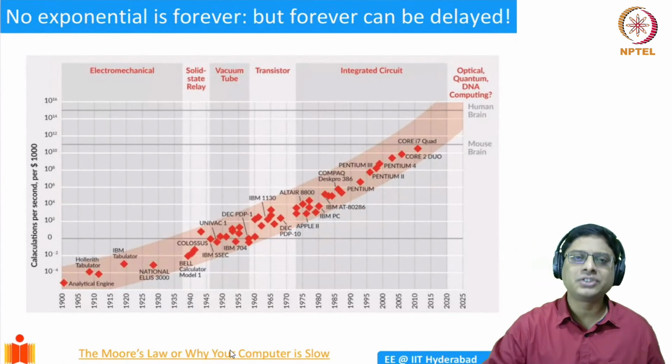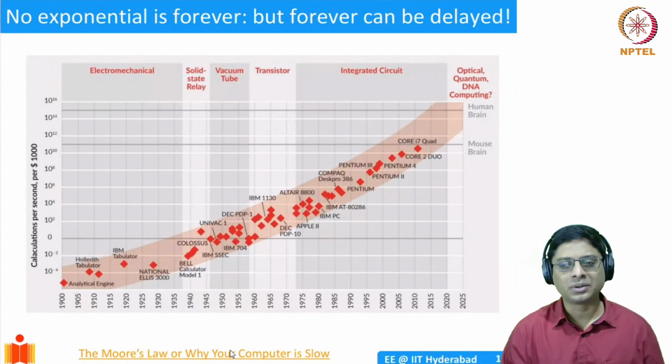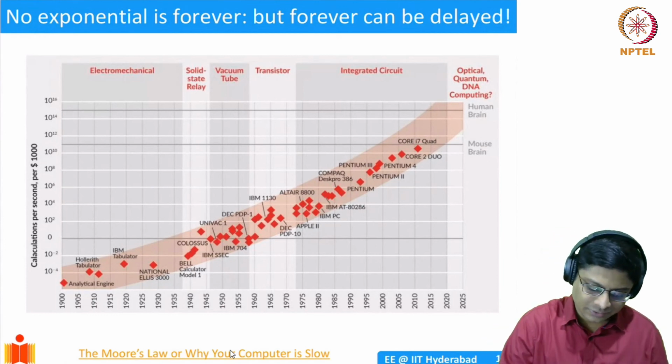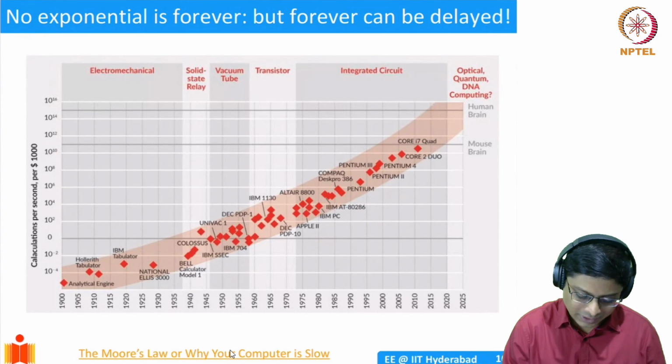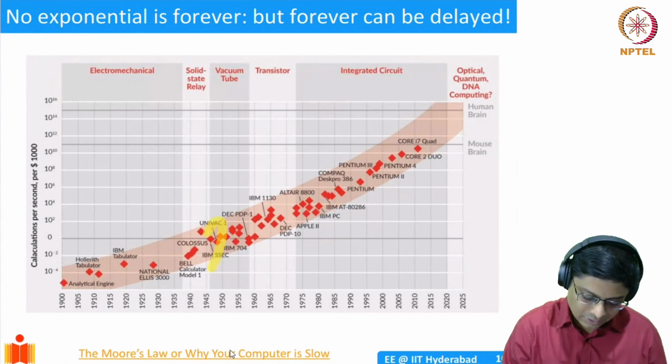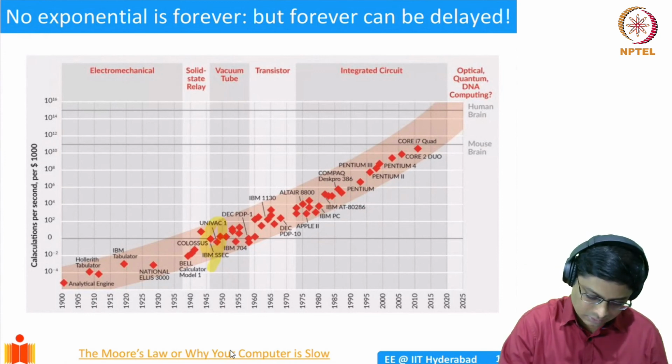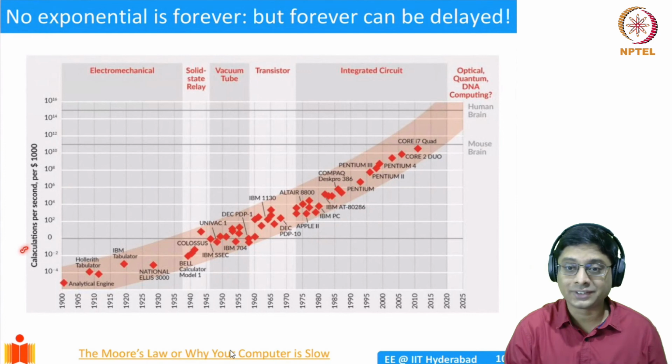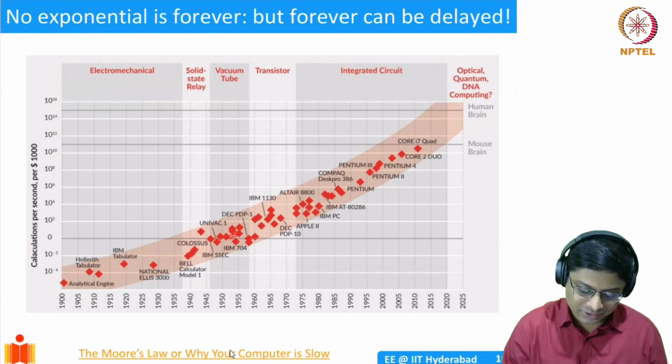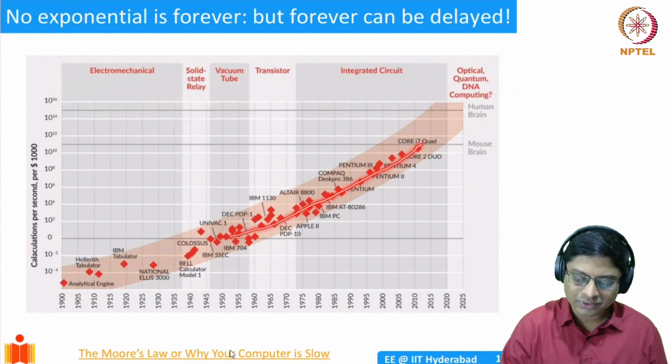So this is the exponential increase in the computational capacity over the last century. Especially in the last 50, 70 years, starting with 1948, we had about one computation per dollar per second. Now, with the increase in these various processes, we have managed to increase this.